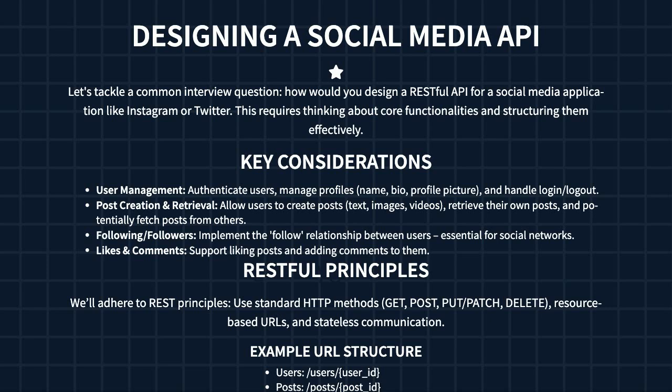And of course, likes and comments provide ways for users to engage with each other's content. To make this work well, we need to stick to RESTful principles, using standard HTTP methods like GET, POST, PUT, and DELETE, and structuring our URLs logically. Think about things like user ID and post ID. It's all about creating a clear and predictable API.